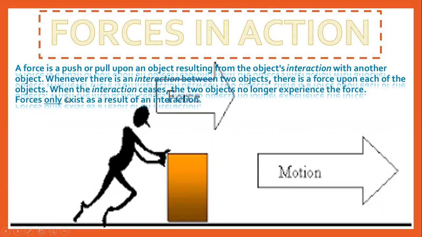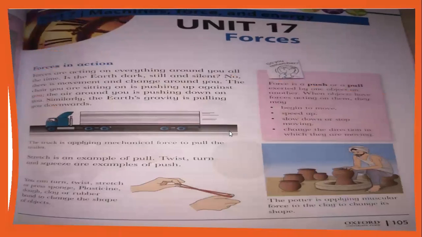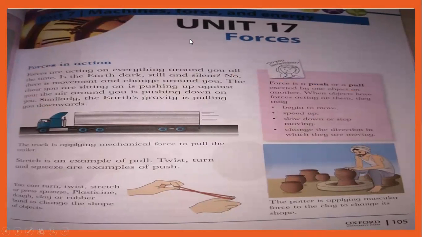Definitely, when the interaction ceases, the two objects no longer experience the force. Forces only exist as a result of an interaction. You see in the diagram that a man applied the force on a block.